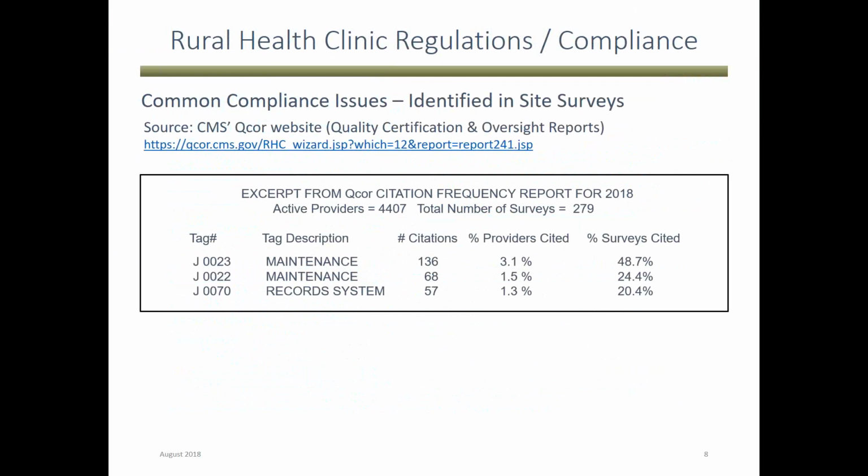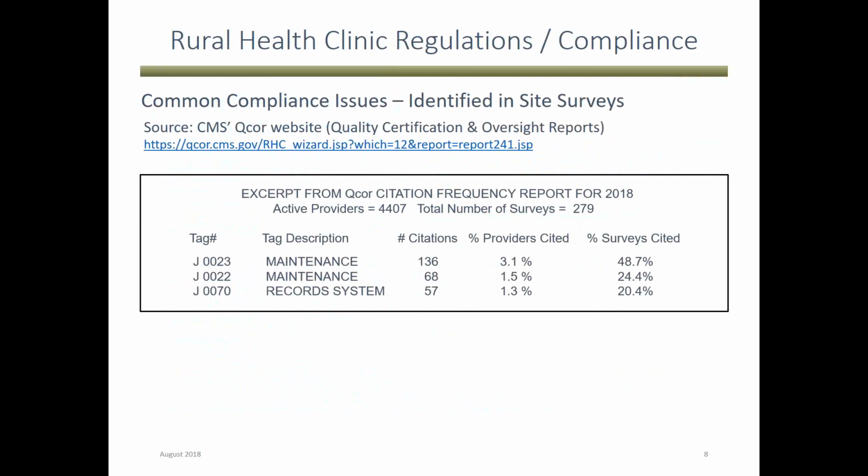So what this tells us is in 2018, 48.7% of those surveyed had a deficiency in this maintenance code 0023. So that's a fairly significant number. And if you are in the process of preparing for a survey, it certainly bears some degree of attention so that you'll see what this was.